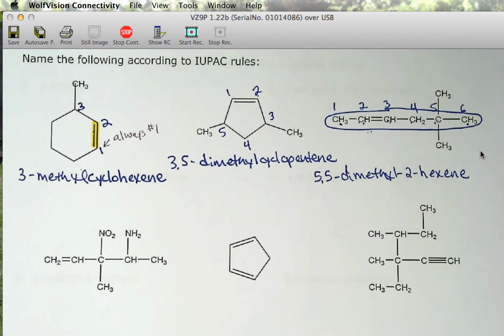That's where you start your numbers. So if you had to draw it in reverse, you would know based on where the 3 of that methyl group is that you've got to count backwards to get the double bond where 1 would be. Right.